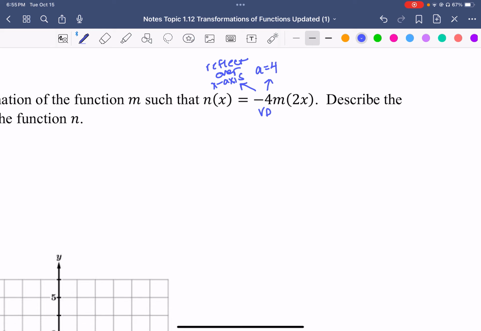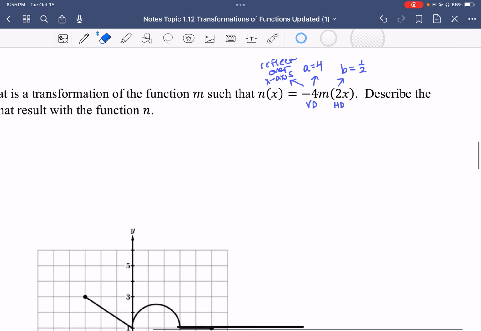Next, I have 2. It is inside the parentheses, so I know it's going to be a horizontal transformation, and because it is being multiplied, I know it's a horizontal dilation. I know horizontal dilations are represented by the letter B. Remember that the factors for B are the reciprocal. Everything inside the parentheses is not what you think it is. So instead of 2, that means that B is 1/2.